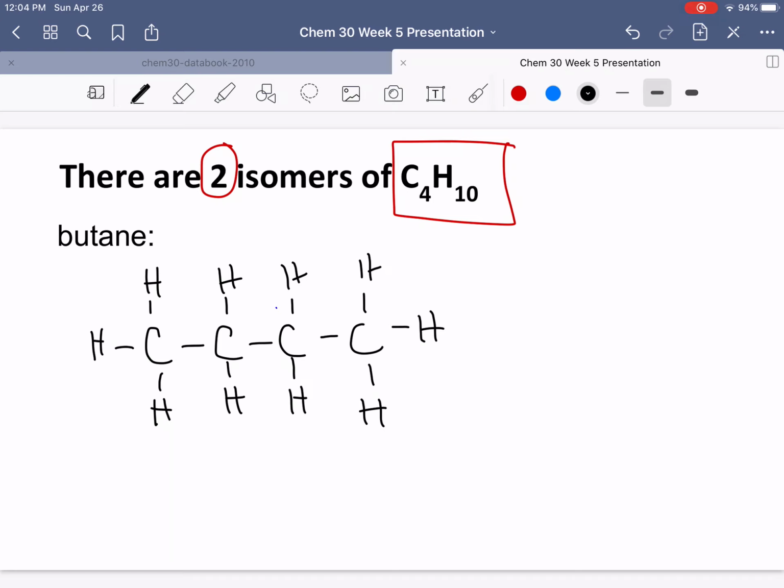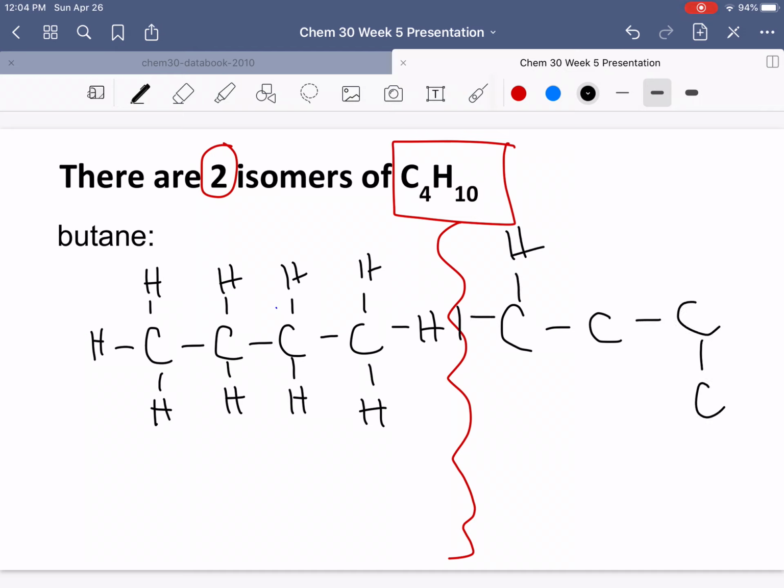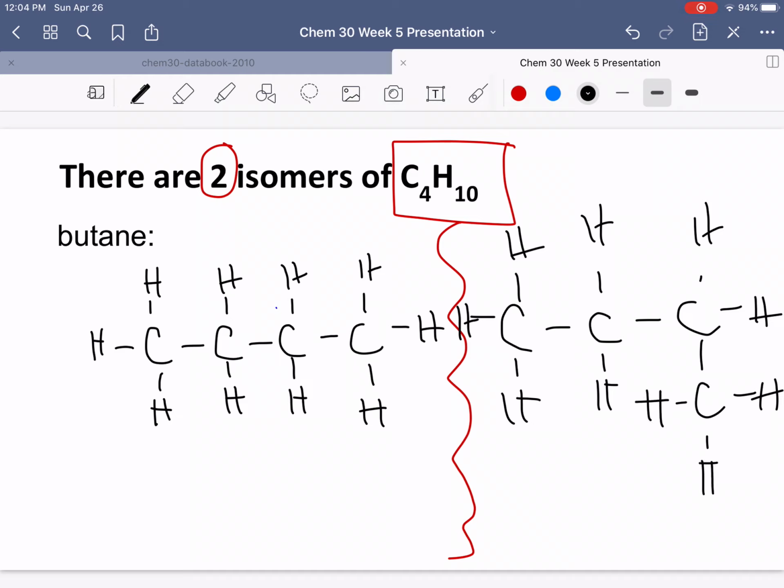Now, I want to be clear, and this is going to come up more and more as this week continues. Simply putting a bend in the carbons, for example, something like this, doesn't change the structure. This is still the same. The way you can tell is by looking at the straight line of carbons.